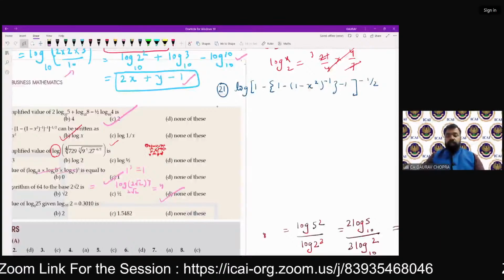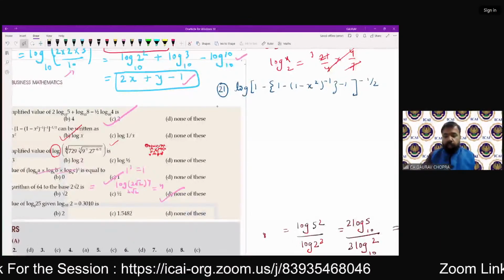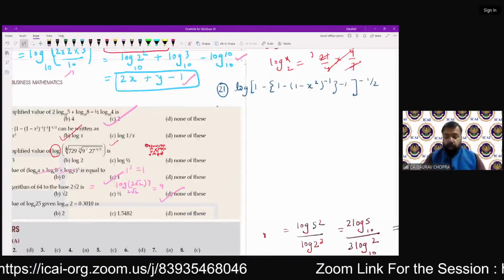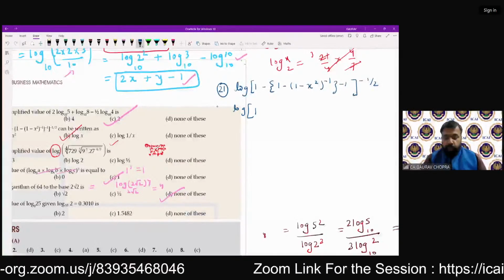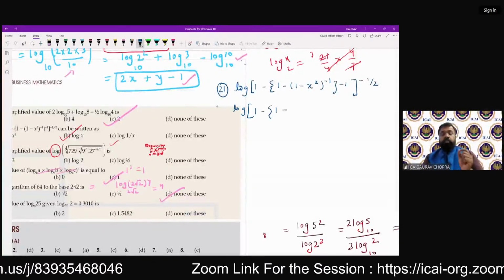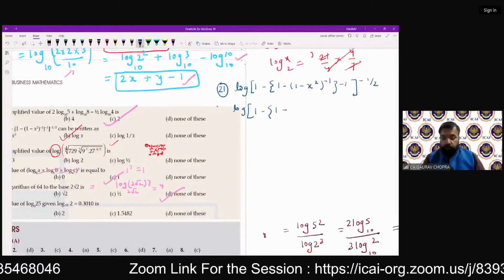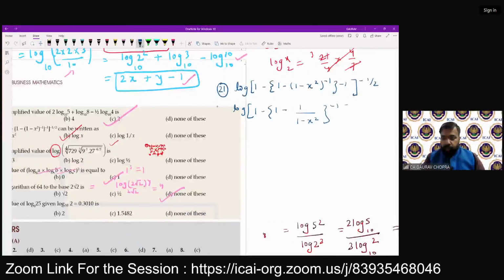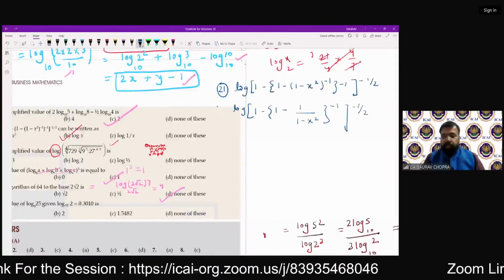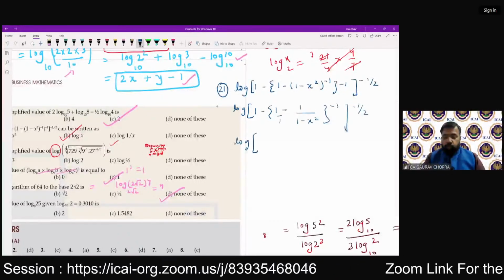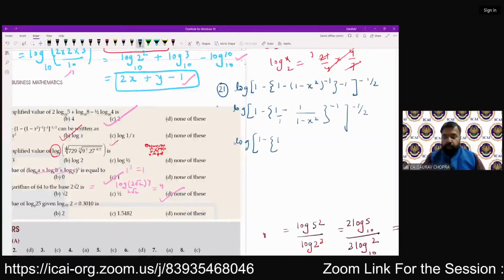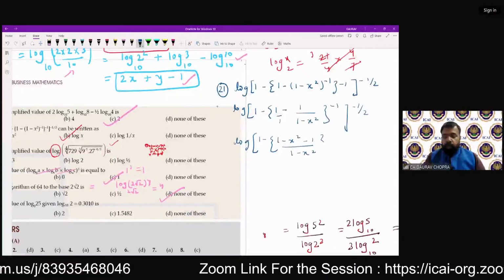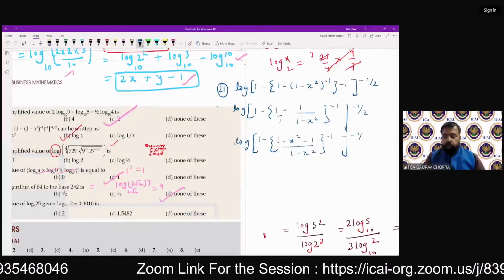Now ऐसे क्वेश्चन में आपको स्टार्ट कहाँ से करना है? फ्रॉम द मिडल, जहां से आपका वो पावर स्टार्ट हो रहा है. तो जब भी पावर में -1 है, when power is negative, that means you have to reciprocal that term. So 1 minus x square becomes 1 upon 1 minus x square. Now to simplify, we will take the LCM: 1 minus 1 upon 1 minus x square whole to the power of minus 1, and then this is half.